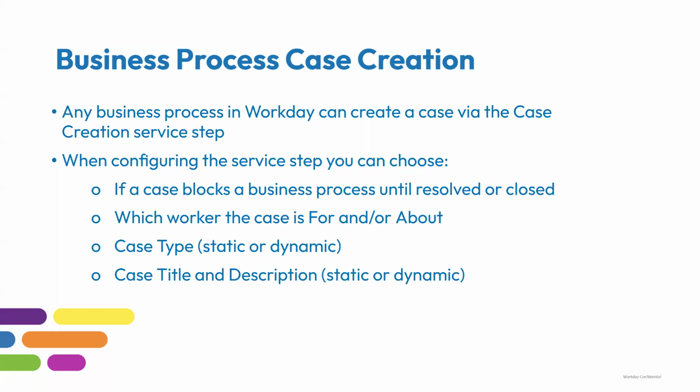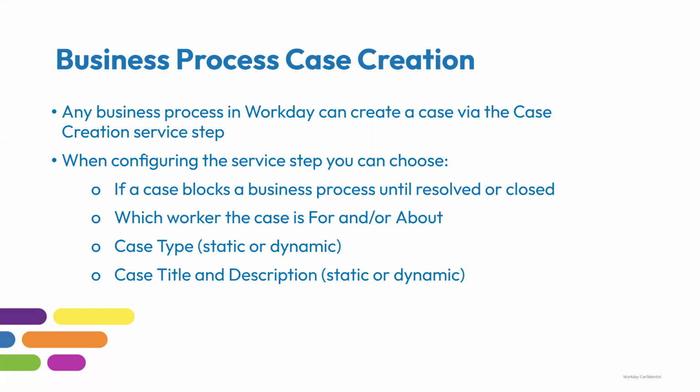You can designate which worker the case is for, meaning they'll appear as the owner in the case workspace. And you can also optionally have the step assign the about field to another worker who, as designed in Workday Help, remains in the dark in relation to the case's existence.